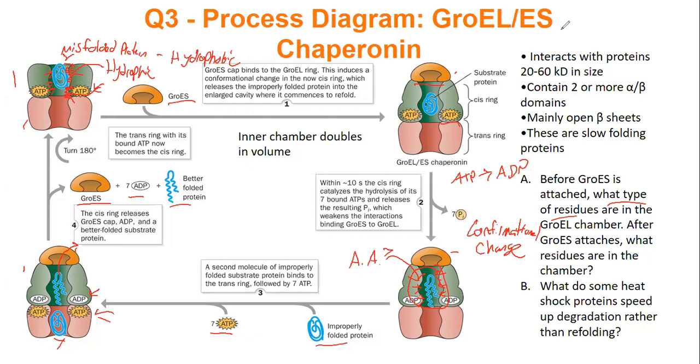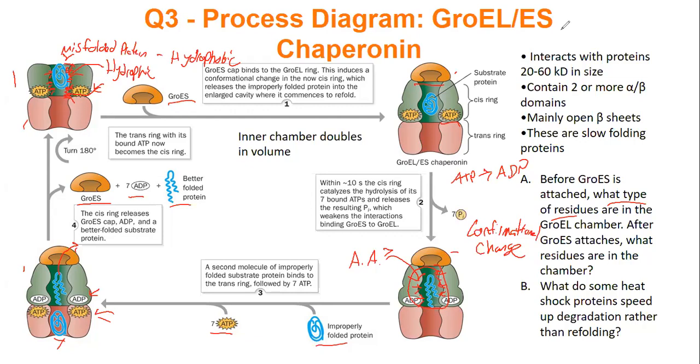And I'm going to show them hydrophilic amino acids, because those hydrophilic amino acids are kind of mimicking the effects of water, in that my protein will want to interact with these hydrophilic amino acids. They will want to hide their hydrophobic amino acids.